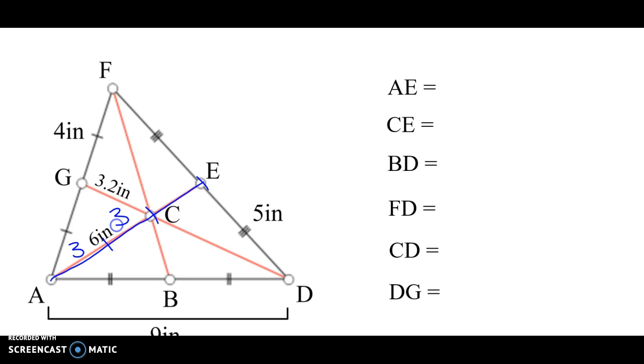So 3 and 3, that's 2 of the 3 segments across the triangle. So CE would also be 3. So what is the whole thing? 9. So obviously CE was 3.